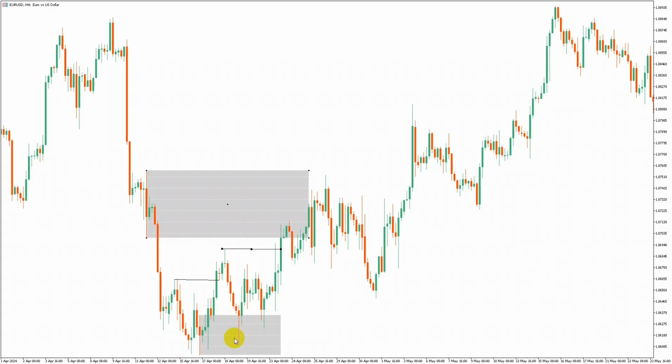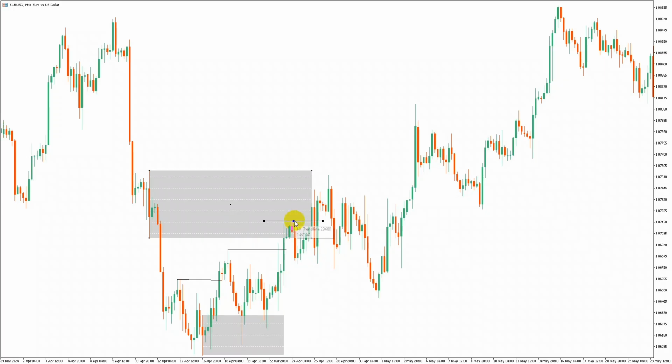You can see the price came back to that demand zone and then pulled out again in a very massive buy. Let's put this guy here again. This is a new structure that just got broken, and then the market started building what we call liquidity.